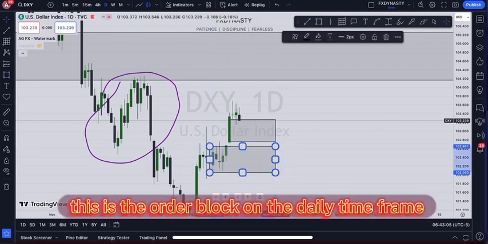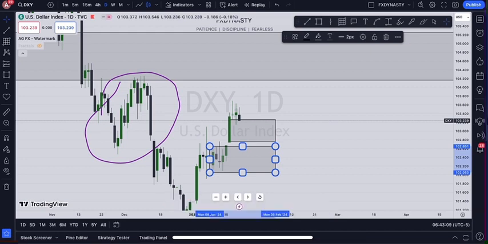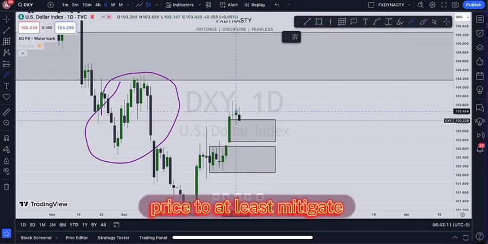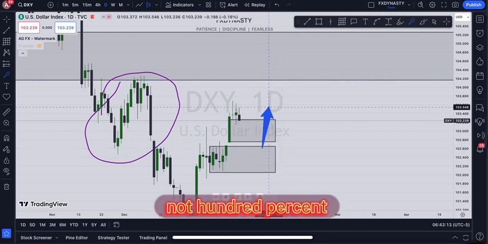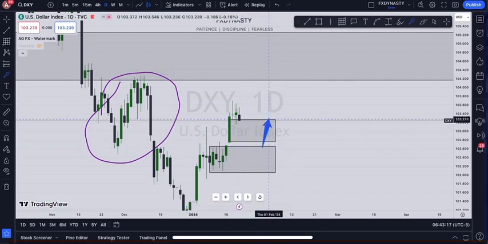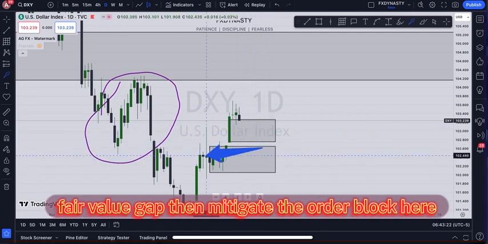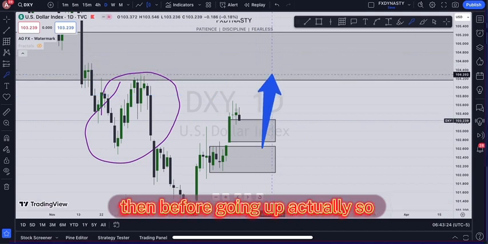This is the order block on the daily time frame. I'm expecting price to at least mitigate, not 100%. Price can easily come to this fair value gap, then go up, or it can also come to this fair value gap, then mitigate the order block here before going up actually.